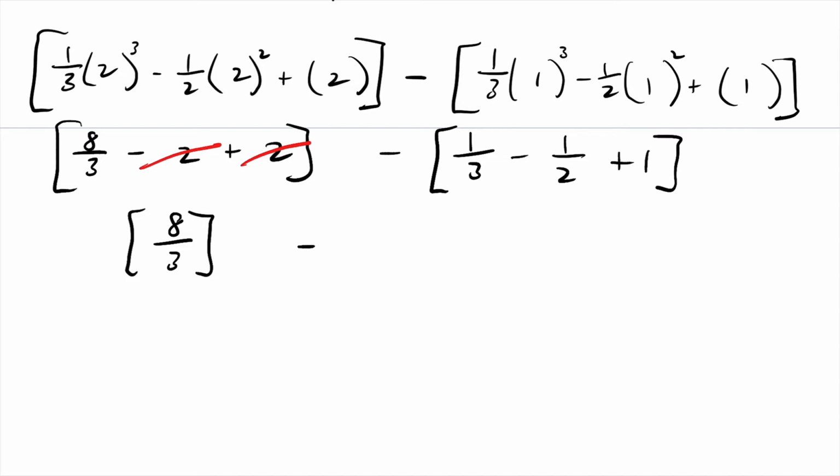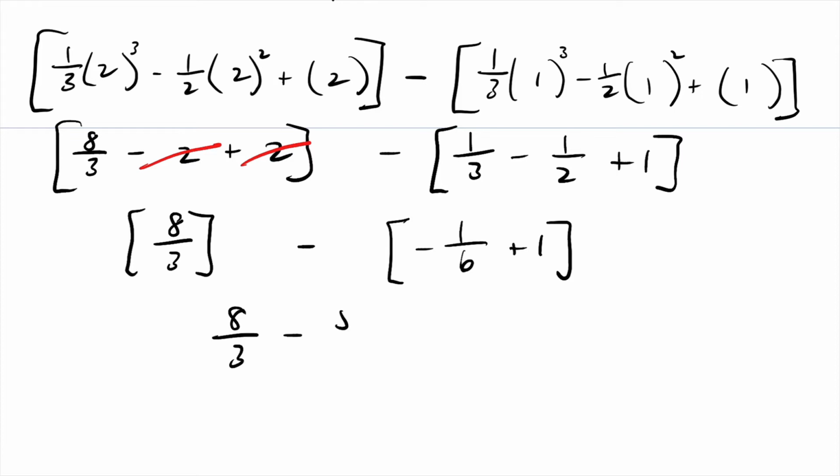Then over here, common denominator for the two fractions is going to be 6. So you're going to have 2, 6, and 3, 6. So you're going to get negative 1/6 plus 1, which is 5/6.